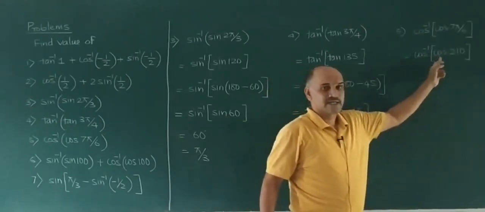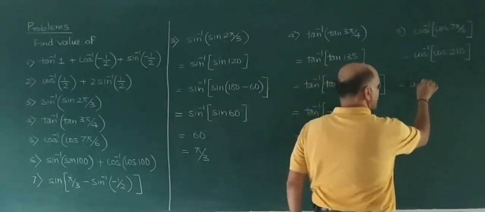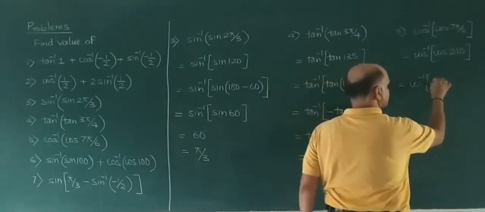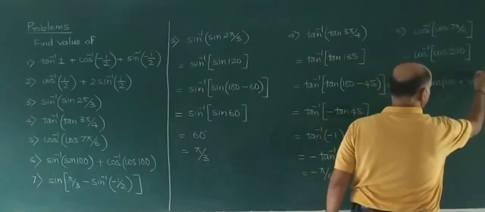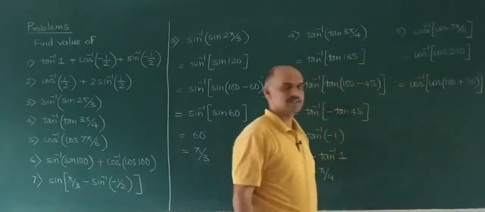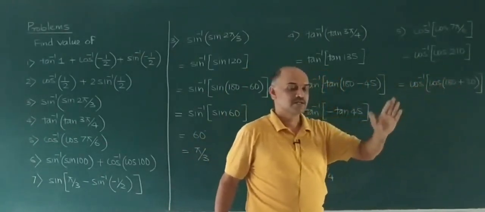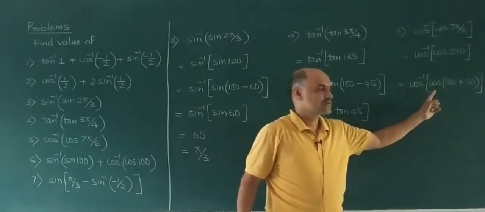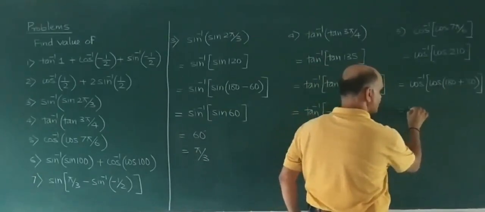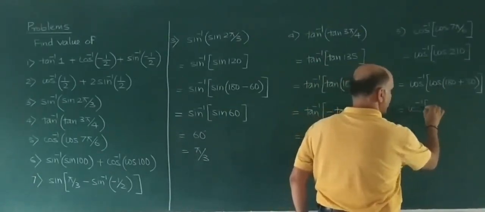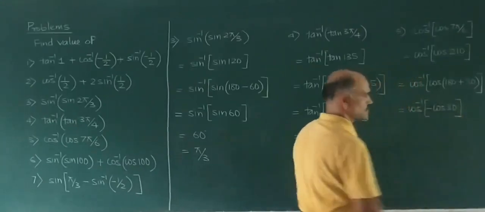So 210 is written as cos inverse of cos of 180 plus 30. 180 plus means it is in the third quadrant. In the third quadrant cos is negative. So you will have cos inverse of minus cos 30.